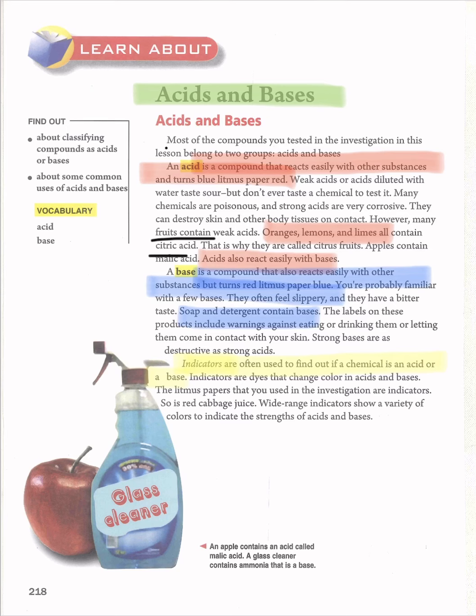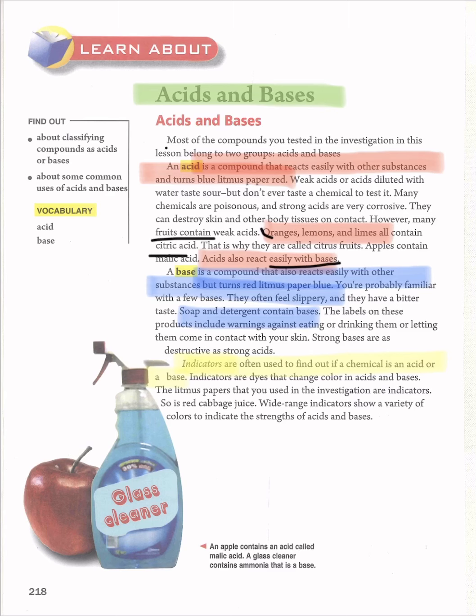That's why they are called citrus fruits. An apple contains malic acid. Another property of acids is that they also react easily with bases.